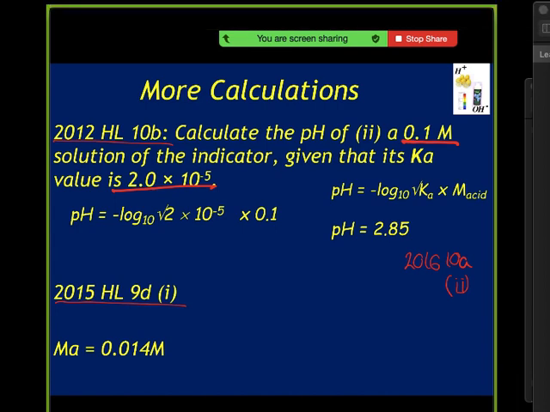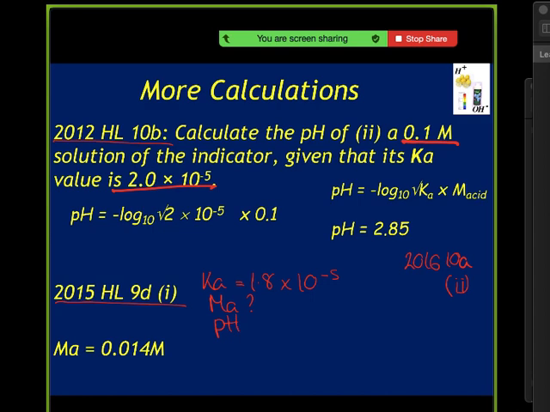For the 2015 higher level 9D, when you read your question, it's giving you a Ka value of 1.8 by 10 to the minus 5. It is asking you for an initial concentration, so that's MA is a question mark, and it means you have to have a pH somewhere.